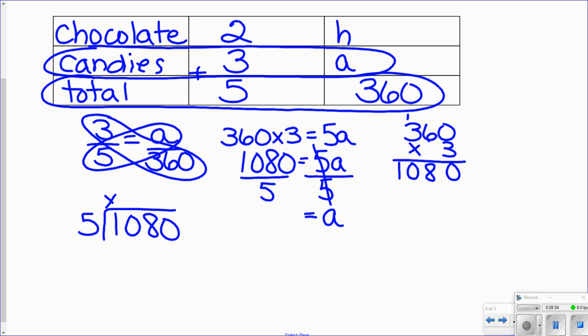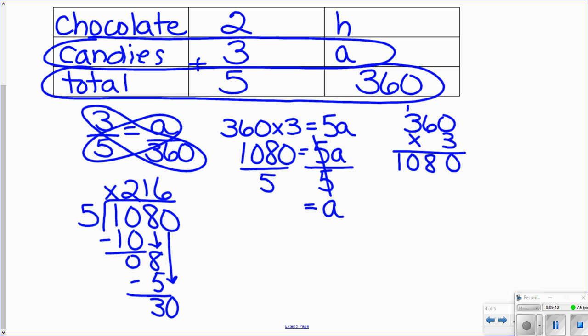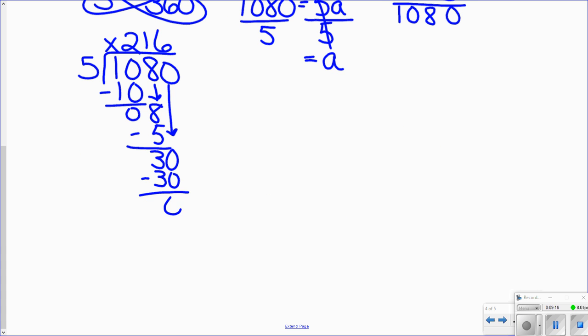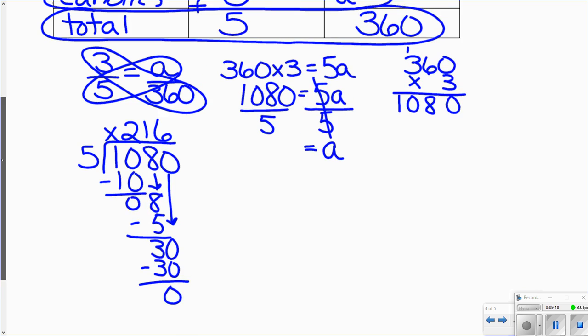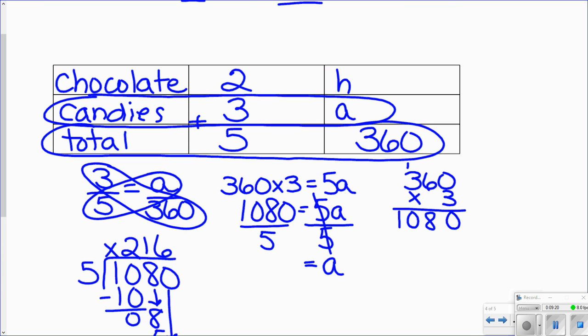5 does not go into 1. 5 goes into 10 twice. Bring down the 8. 5 goes into 8 once. 5 into 30, 6 times. 216 candies were sold.